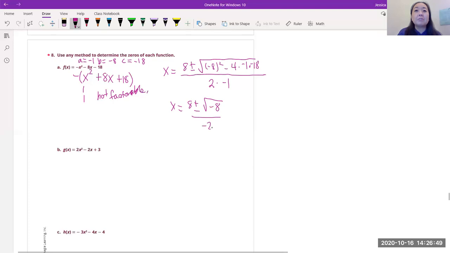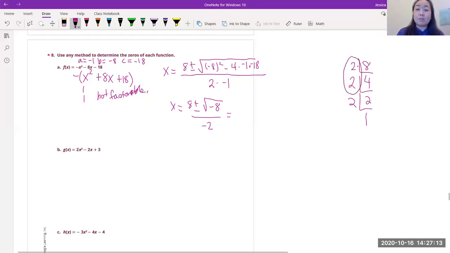Over -2. Now I need to simplify because I noticed that 8 has a perfect square in it. It has a 4 in there, right? But let's say I didn't know, and I don't remember. Or you're like, what? There's a perfect square in there? So okay, 2 goes into 8 4 times. 2 goes into 4 2 times. Then 2 goes into 2 1 time. And I have one pair right here.